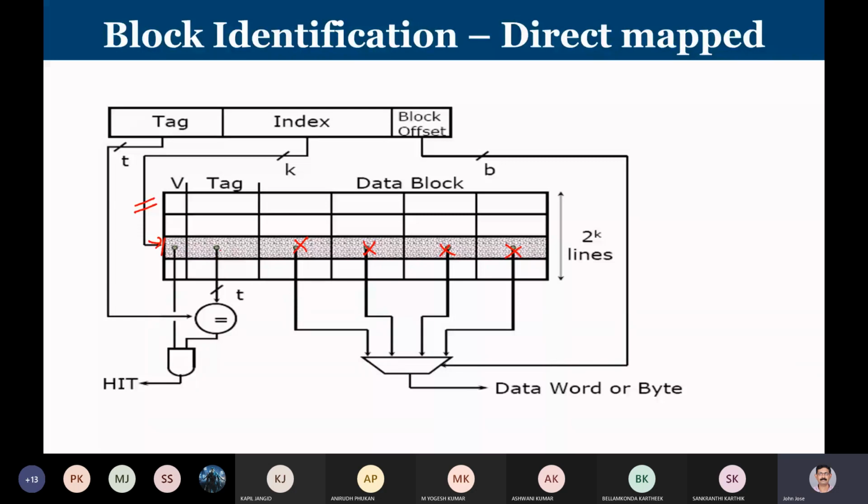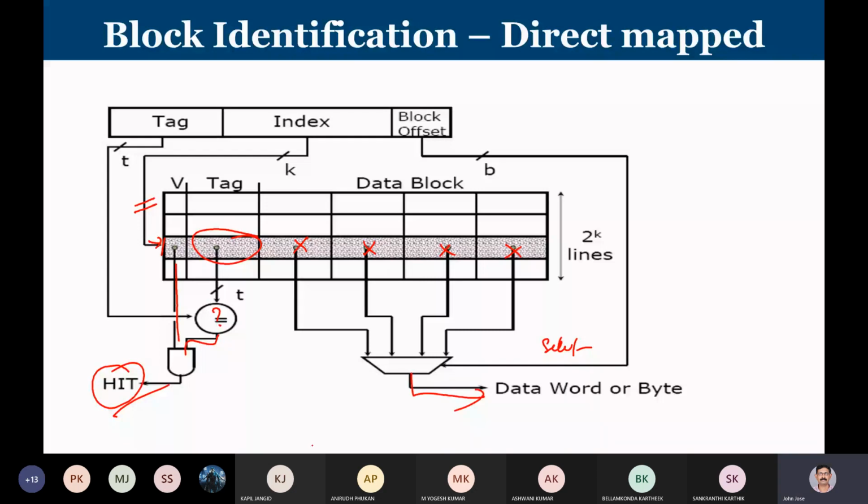Check the valid bit and compare the tag value already saved there with the incoming tag. If the tags match and the valid bit is 1, that is known as a hit. Once a hit happens, you have a multiplexer here, and the block offset acts as the select line to extract the corresponding word. Direct mapped cache works like this.